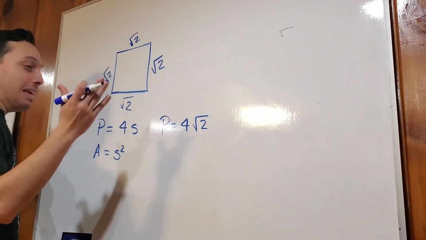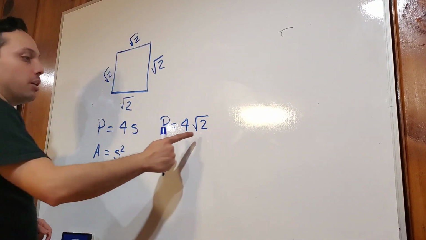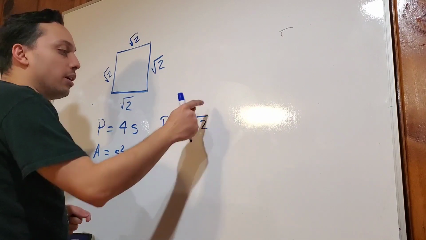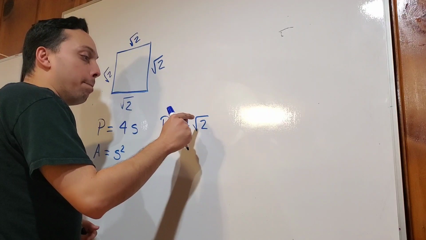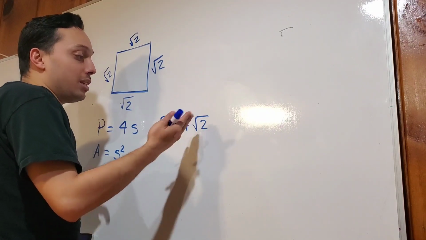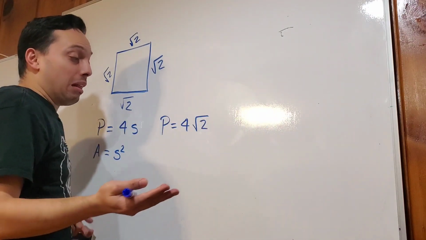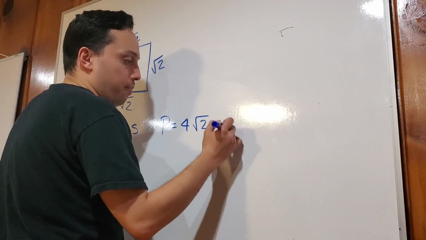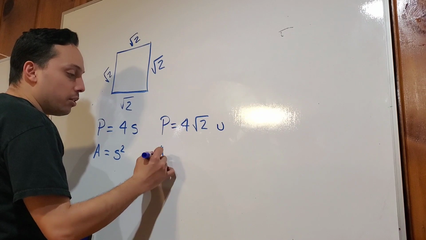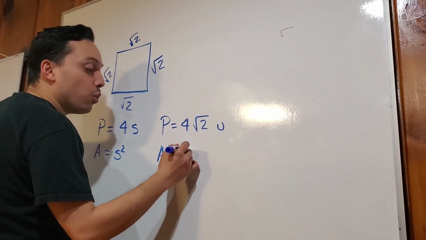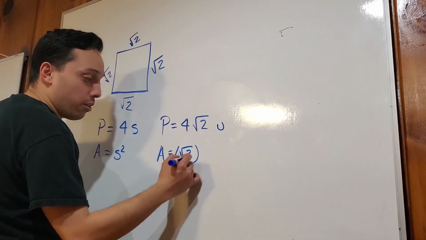Can we do anything else with this? No, that's it, because we cannot really do anything. I told you to think about the radical as a variable, and so it's like saying 4x. You can't really do anything with that, and so it'd be units, right? The perimeter. And now the area is a little bit different, because then we have square root of 2 squared.